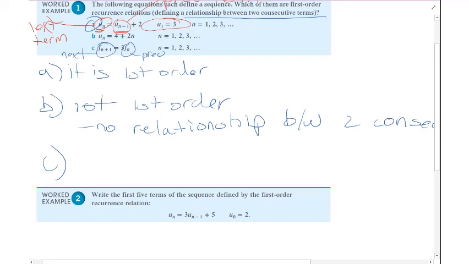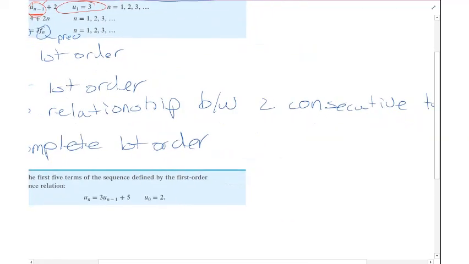But the problem is there's no starting term. So it's an incomplete first order recurrence. And the reason it's incomplete is that there's no starting term, so I can't actually start a sequence.